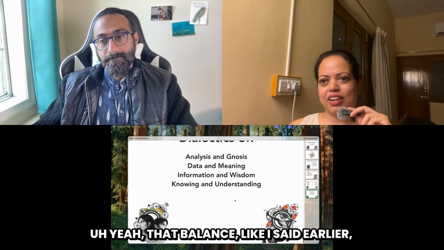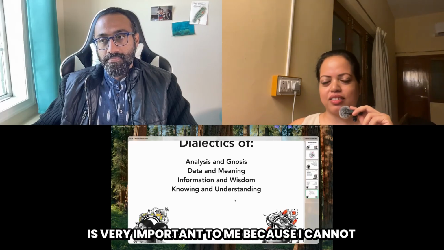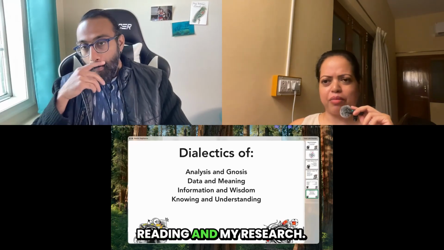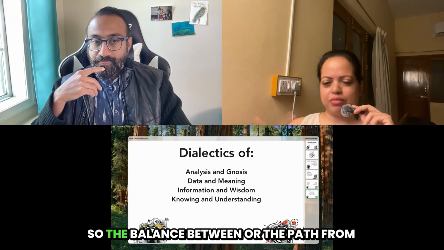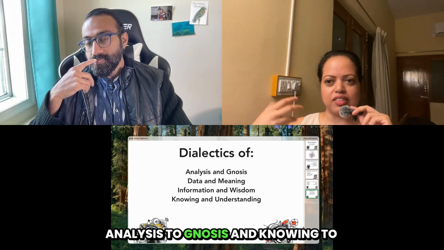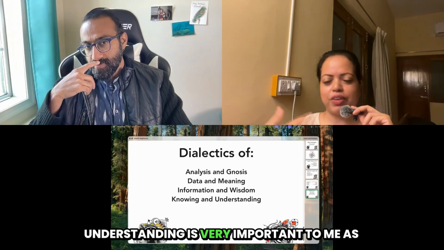Yeah, that balance, like I've said earlier, is very important to me because I cannot imagine not finding meaning in all my reading and my research. So the path from analysis to gnosis, and knowing to understanding, is very important to me as well.